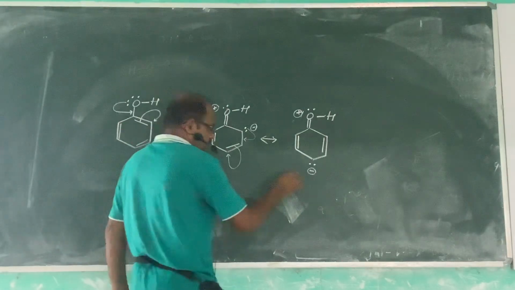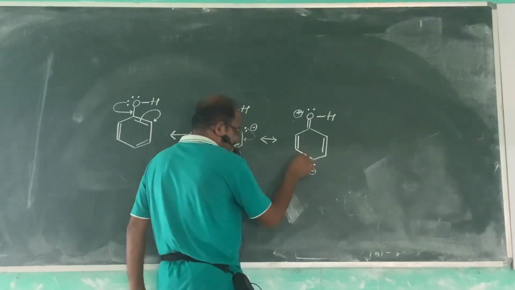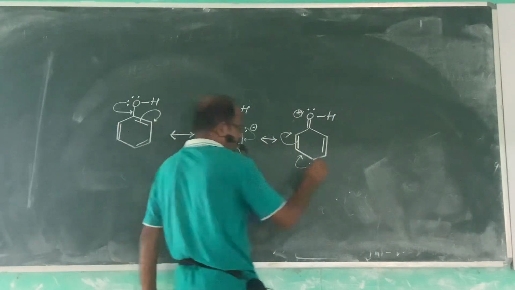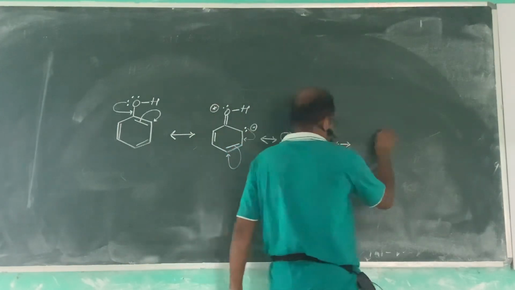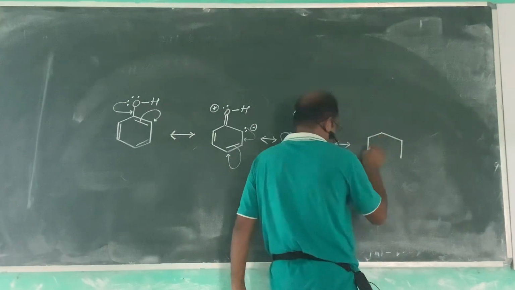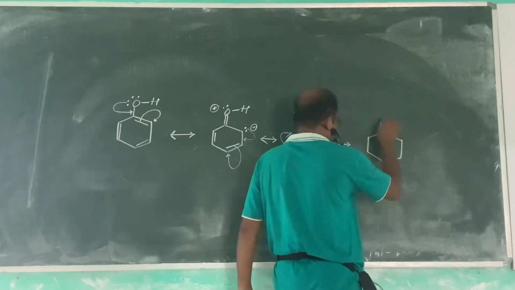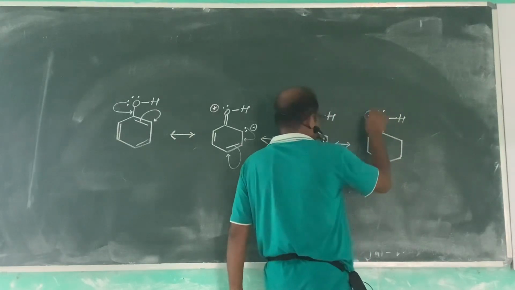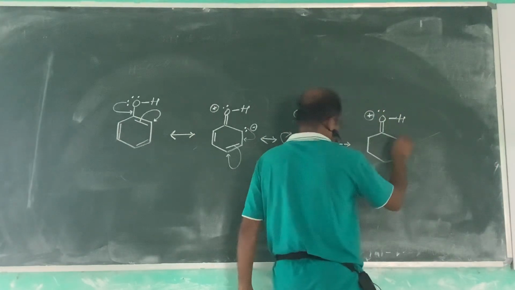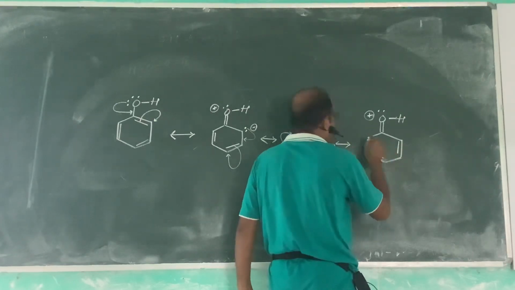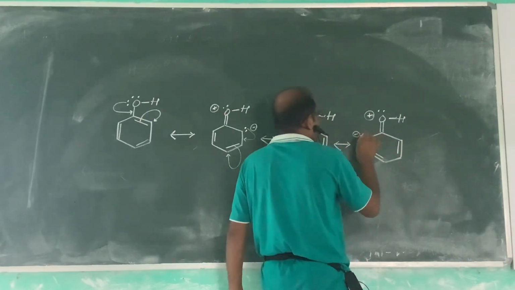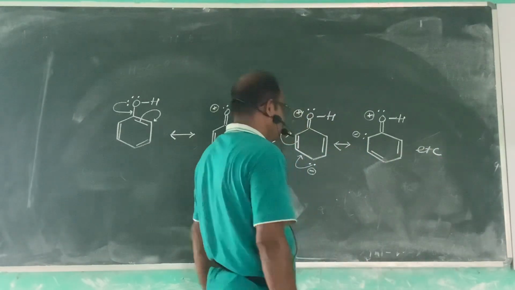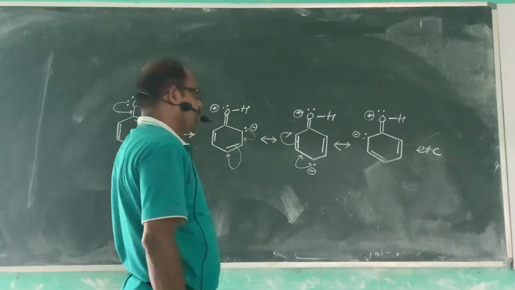Again, this pair of electrons is shifted into this position and this bond is shifted into this position, and we get another structure of phenol, where the oxygen atom acquires a positive charge and the carbon atom acquires a negative charge.